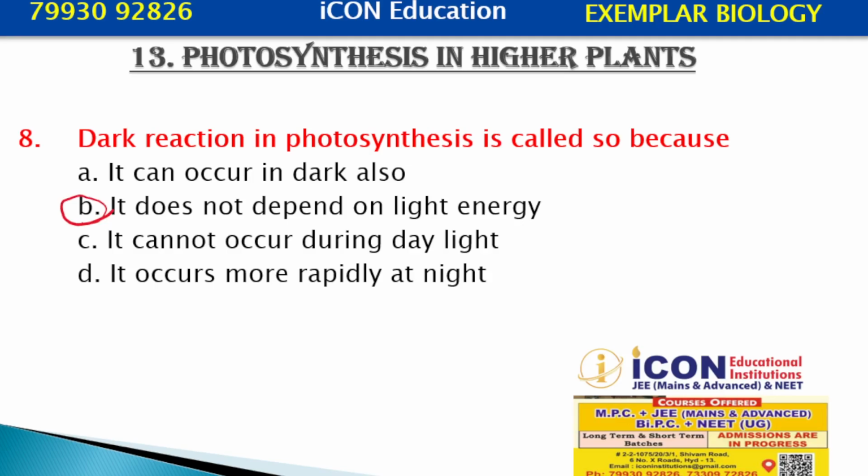It is a light independent reaction. It depends upon the product of light reaction, but does not directly depend upon the light energy. That is why it is called dark reaction or light independent reaction. So option B is the correct answer.